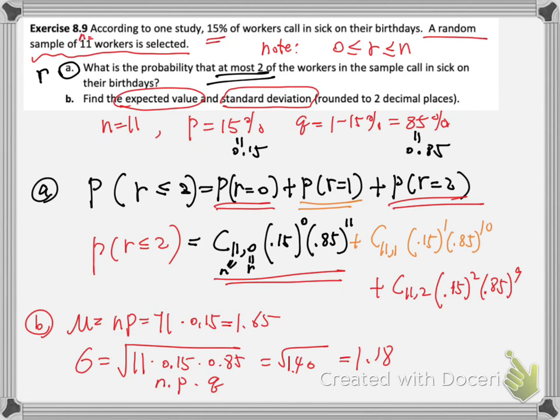So this is the binomial distribution question. My suggestion is first you remember to try to understand the expected value and the mu and sigma formulas, where sigma is the standard deviation. That's much easier. And then you understand this R. R means how many people called or how many patients were cured.